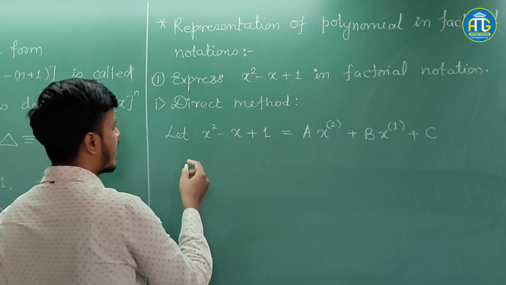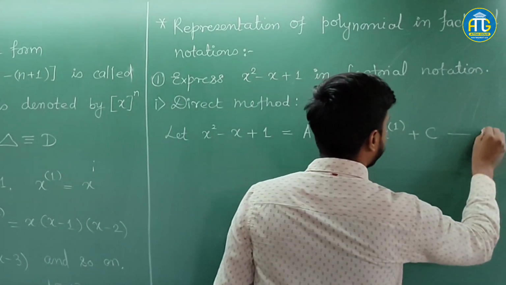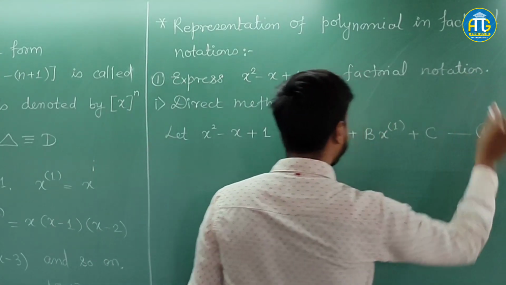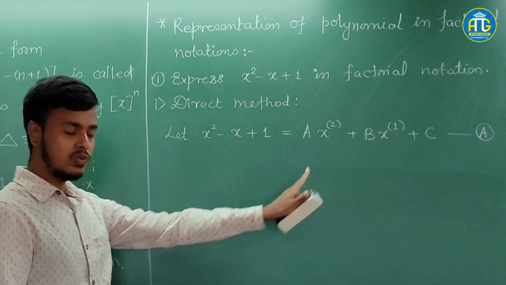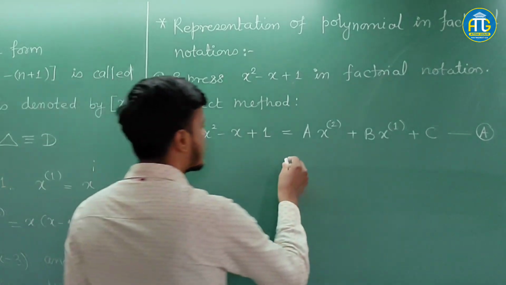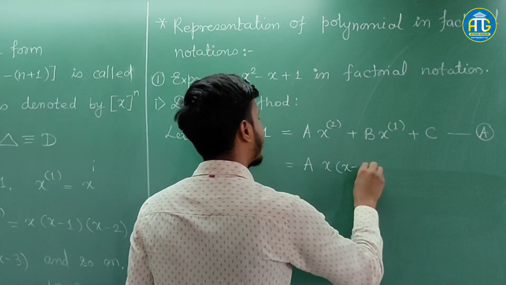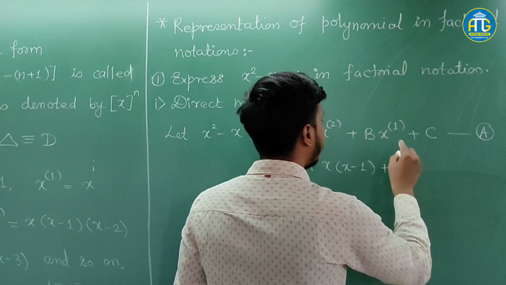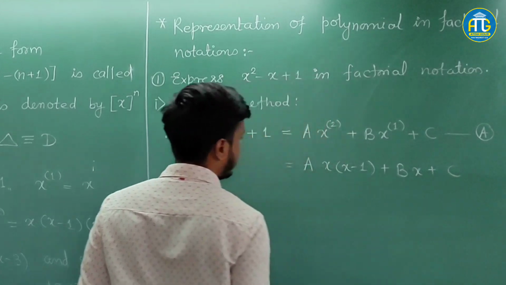Let this be equation A. Now you just write down x raised to 2 factorial as x into x minus 1. So this is nothing but a x into x minus 1 plus b x raised to 1 factorial, which is x, plus c.